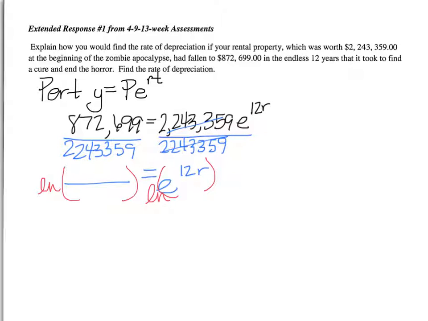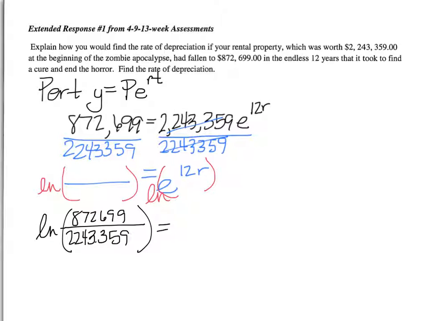When you do that, let's write this out. We get ln of the fraction, 872,699 over 2,243,359, is equal to the ln of e raised to the 12r. And when you have an exponent inside a logarithm, that exponent drops down out front.